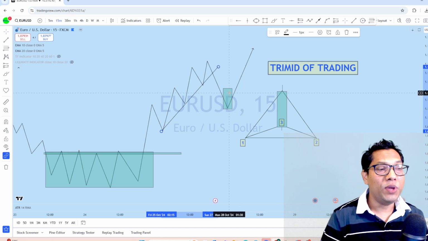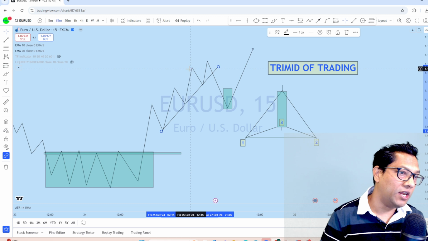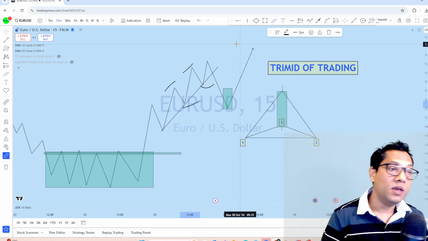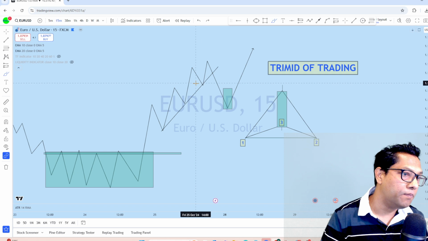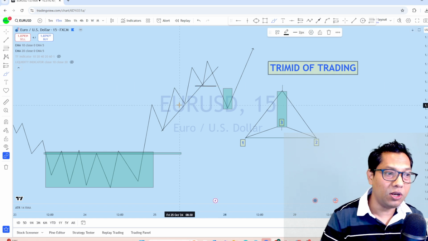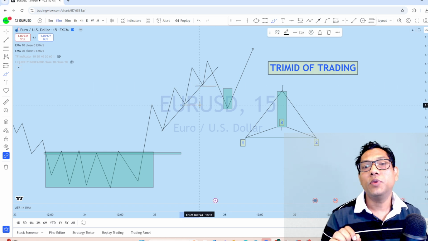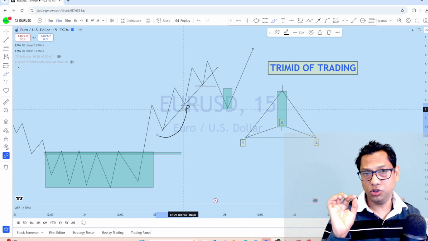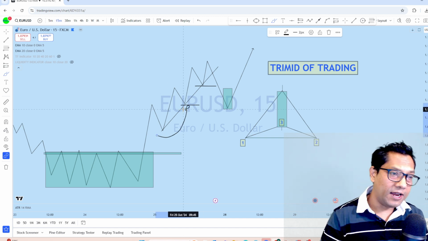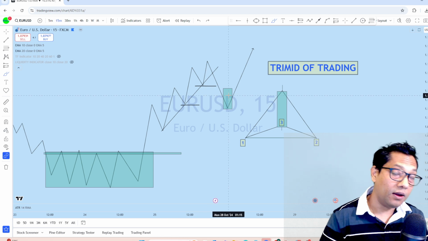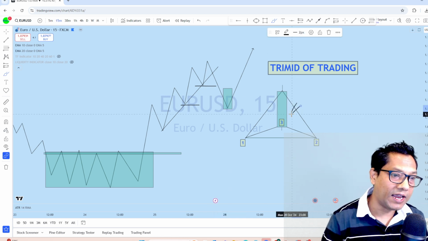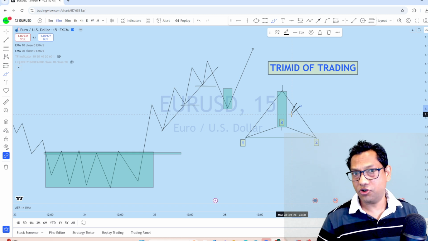Why? Because every time it is forming a series of higher highs and higher lows, some traders are buying, putting their stop loss just below the previous swing low, or trailing their stop loss to the previous swing low. And then once the market breaks from that structure, we can see the second side of the triangle.